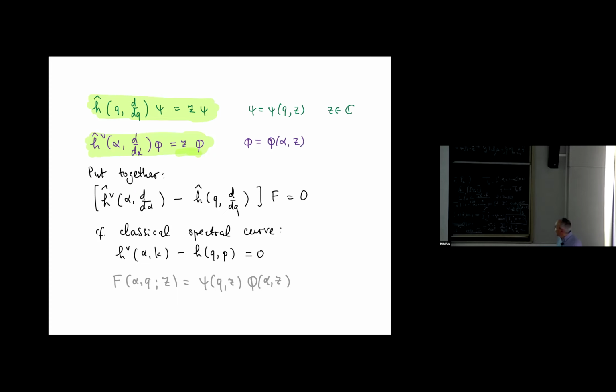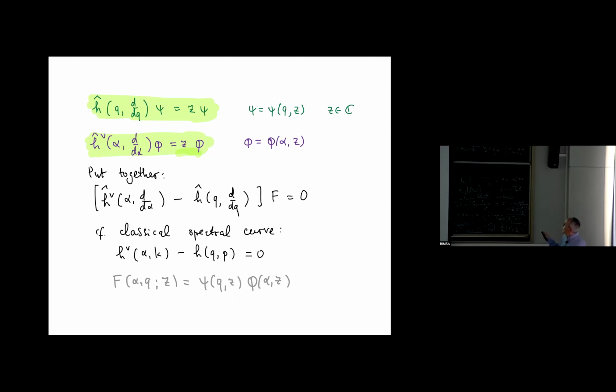And then you can put this together as follows. So this is my quantum Hamiltonian, and instead of the foliation by level surfaces at the quantum level, what you do, you consider this eigenvalue problem. So that is the eigenvalue.